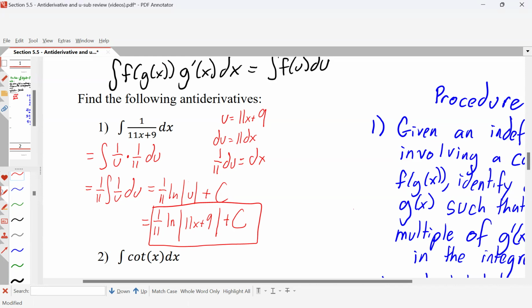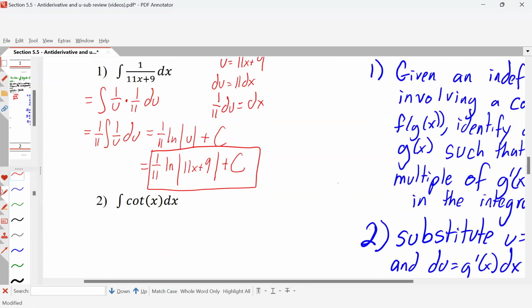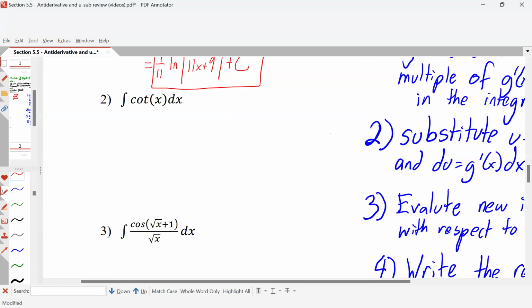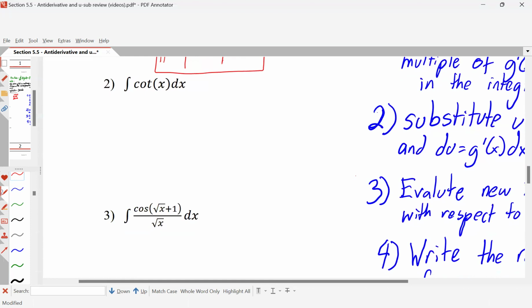So we're going to take a look at another example. Next example is the integral of cotangent x dx. In the integral of cotangent x dx, there really doesn't look like there's much to substitute. However, we can rewrite cotangent.